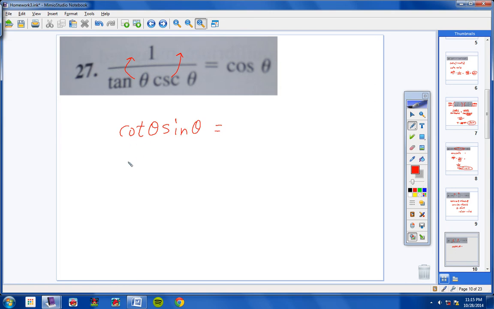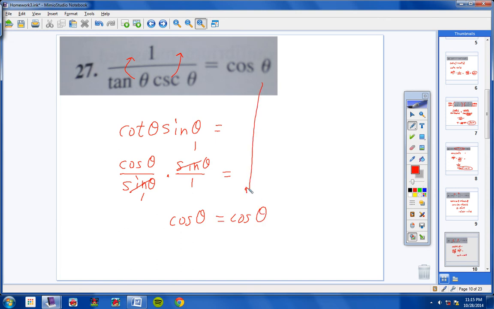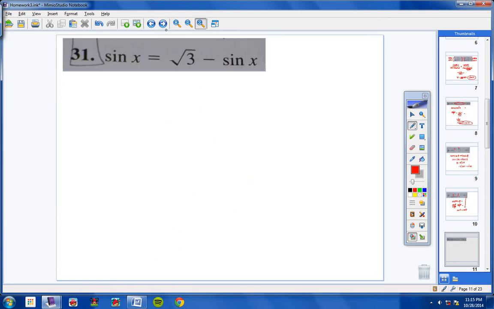Cotangent is the same thing as cosine over sine times sine over 1. Okay? So these would cancel, leaving you with cosine, which is exactly what you want to have. Alright, very good. Moving on to number 31.